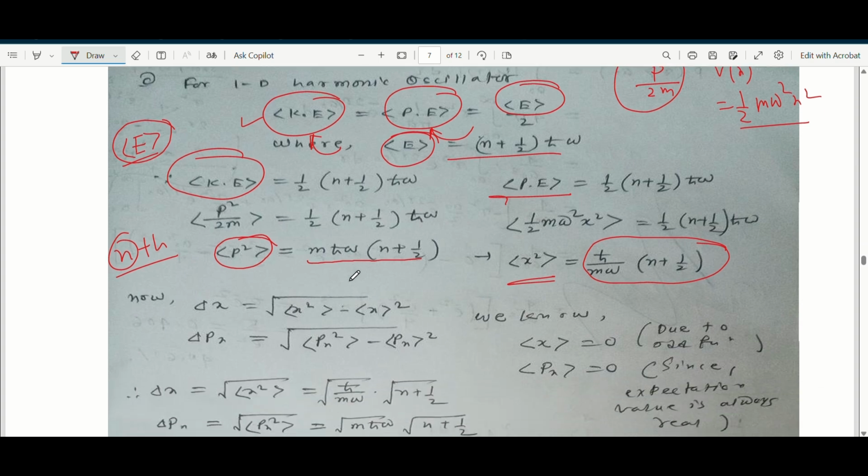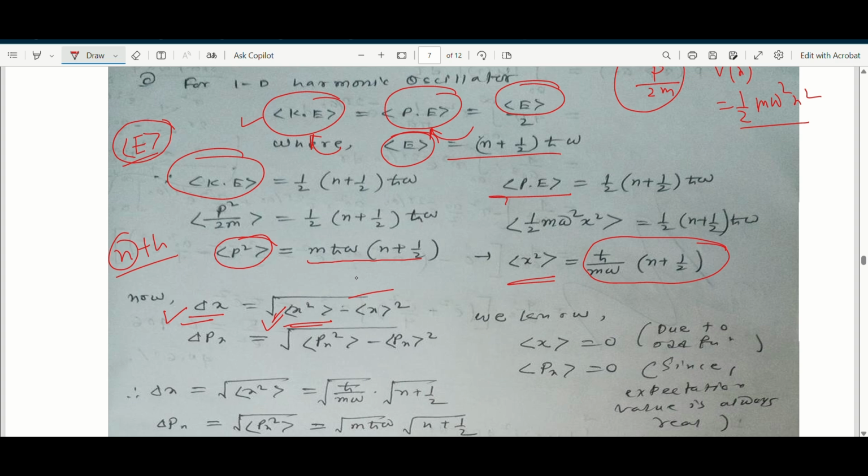Now we have to find the variance, the variation in del x. So del x is the standard deviation, root over the expectation of x squared minus the expectation of x, whole squared.